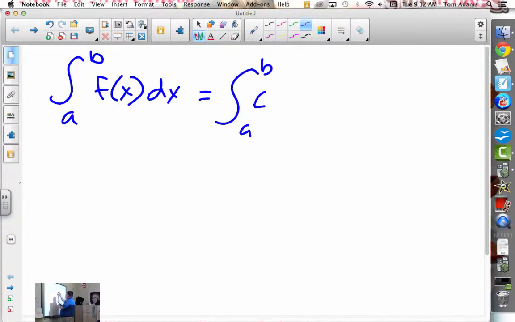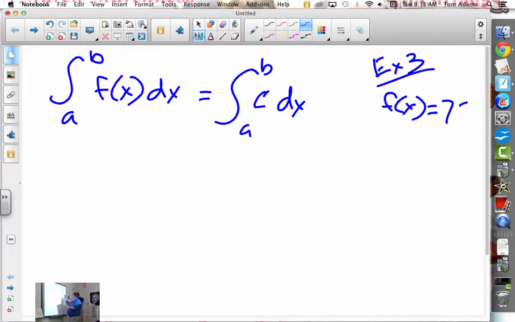If I have some constant c in front of my, in other words, if my function is a constant and doesn't have a variable x, we know that the antiderivative is going to be that constant evaluated at x. In other words, on example number 3, our function f of x was 75, and so we evaluated 75x as the antiderivative of that.